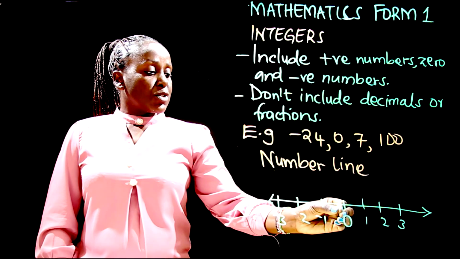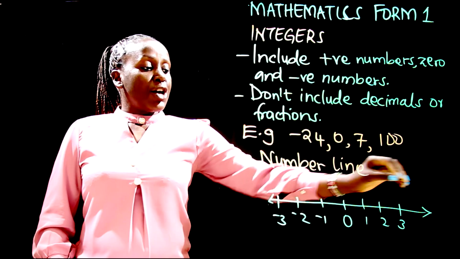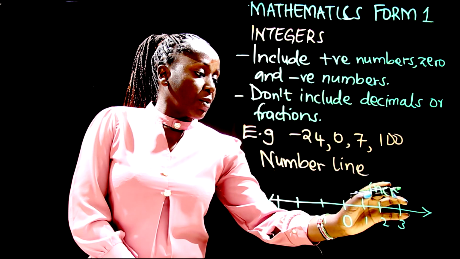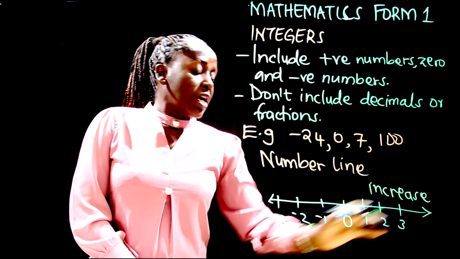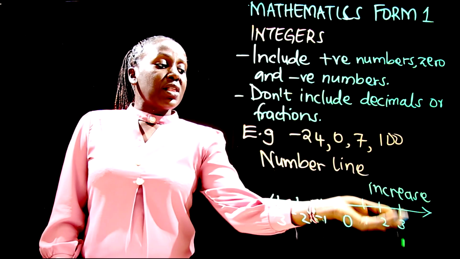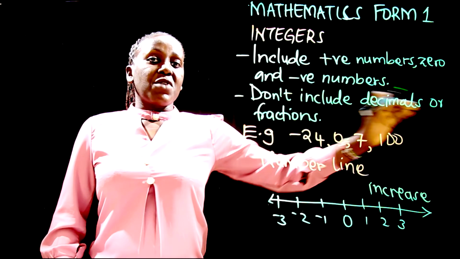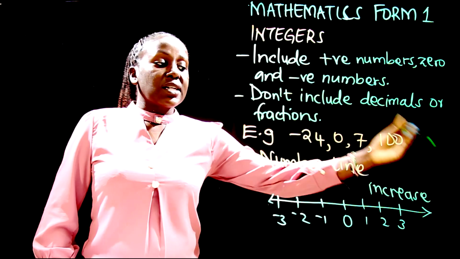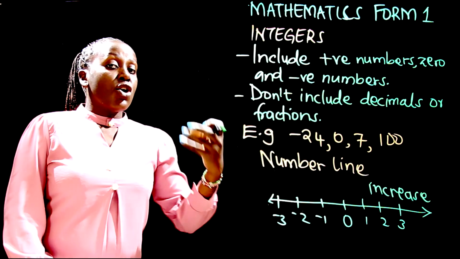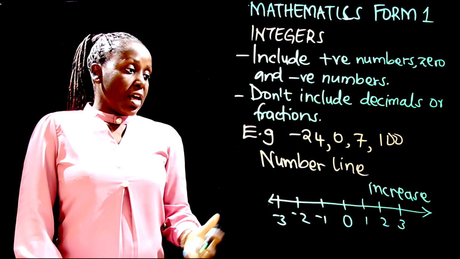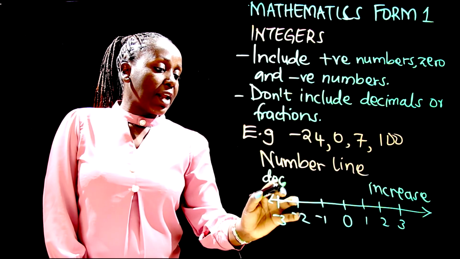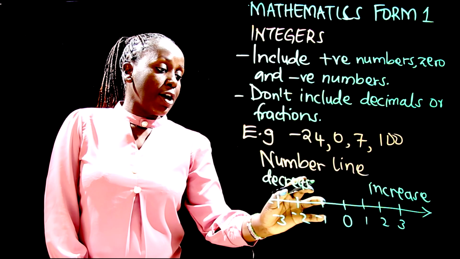So as you move from 0 towards the right, there's an increase in value, okay? So 1 is smaller than 2. 3 is greater than 2. If you get to 1000, it's greater than 3. So as you move to the right, the value of the number increases. But as you move to the left, the value of the number decreases.